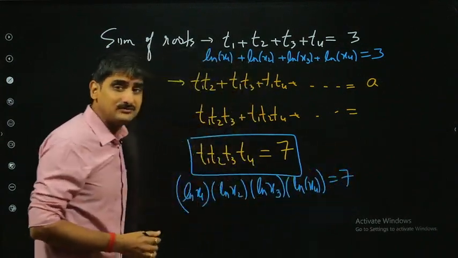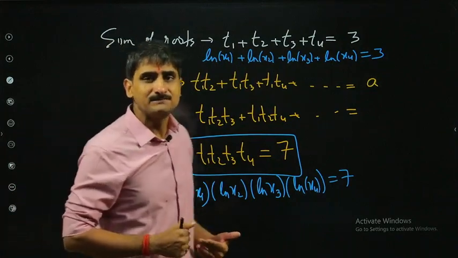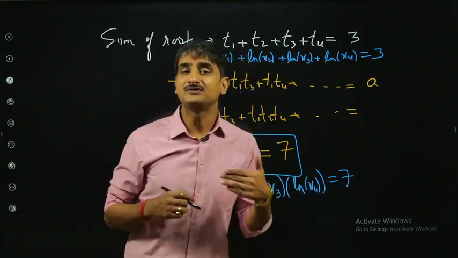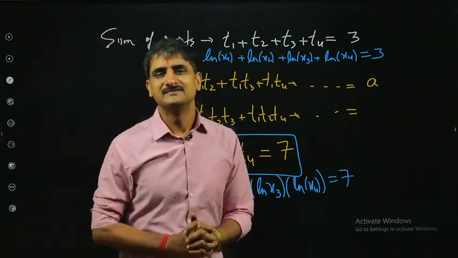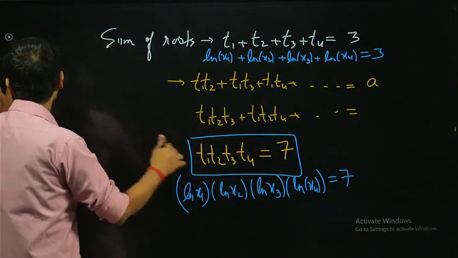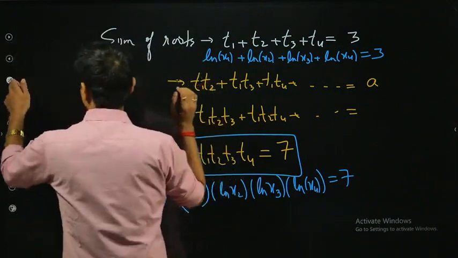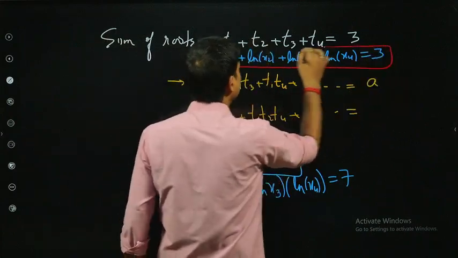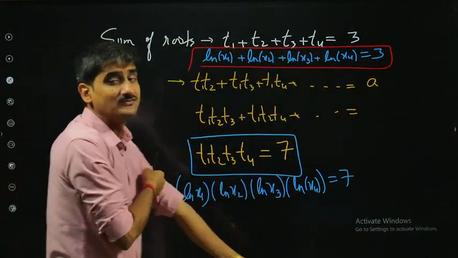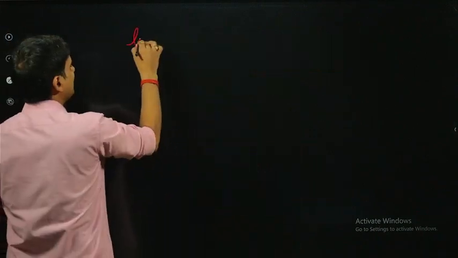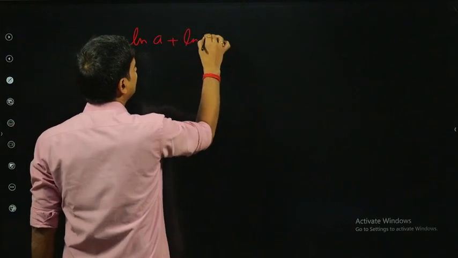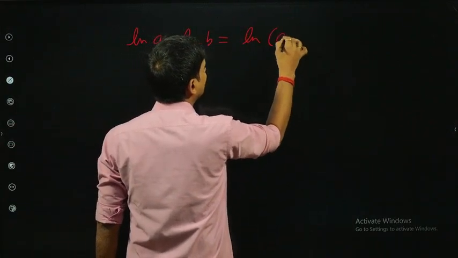Now what do we need? Do we need this? Answer is no. We need product of the roots, not product of ln xi. We need product of xi here. How do we get it? Now I think all of you must be knowing it or can easily see that. We know from the property of log that ln of a plus ln of b can be written as ln ab.